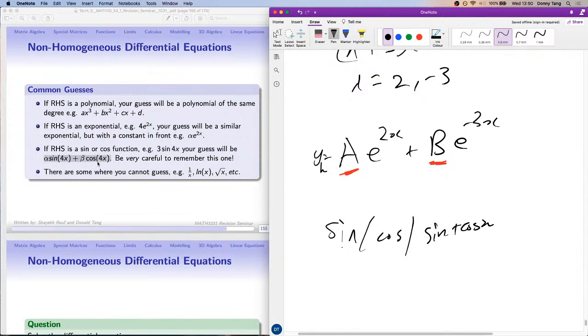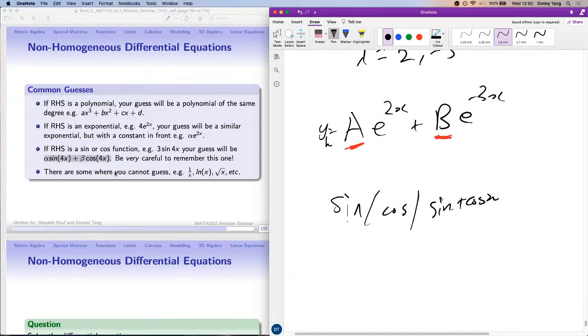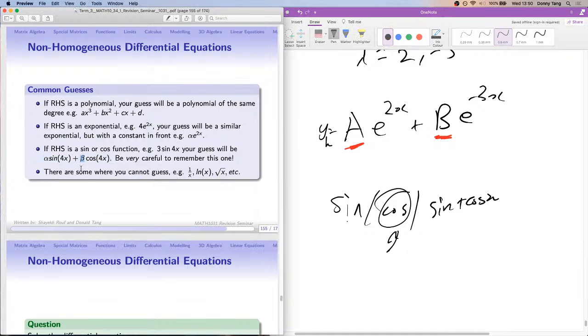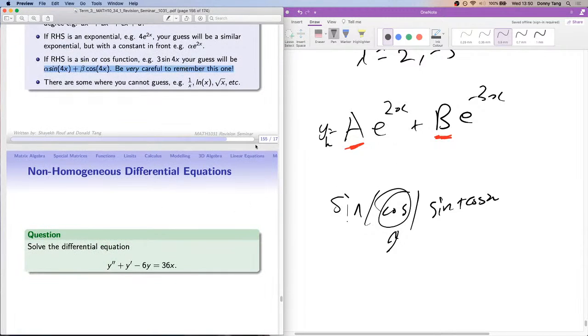That's what it wants to cover. In this case, for example, if the answer happens to have only cosine, alpha will become 0 and you'll only get cosine. This is really flexible, so it should cover everything. If I'm wrong, let me know, but I'm pretty sure that should be your guess.